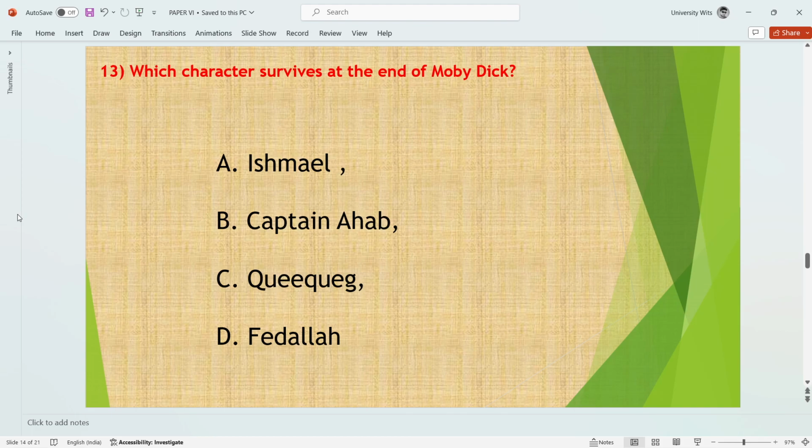Captain Ahab is fixated on revenge against Moby Dick. That is why he tried to kill Moby Dick, but he failed. He took the chance three times, but failed, and he died. Queequeg is a close companion to Ishmael, and he also dies earlier in the story from illness.